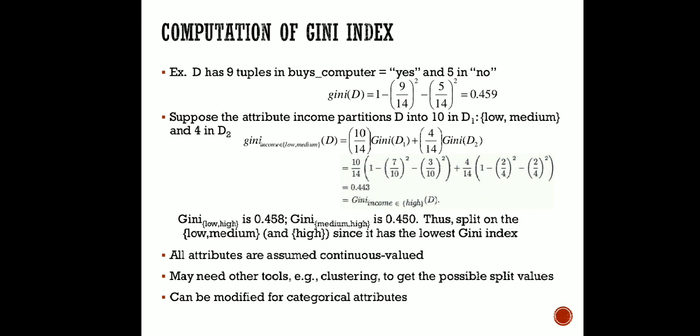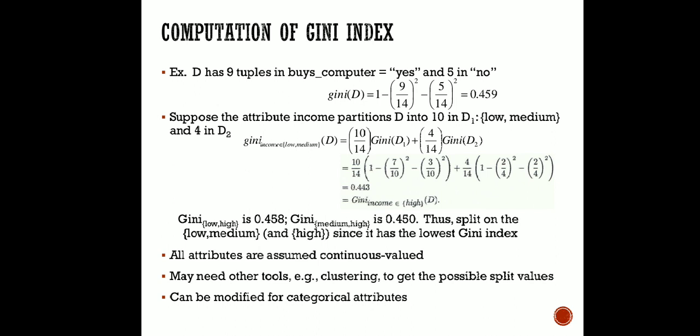Now we have to find the Gini index of a particular attribute. Whatever we saw with gain ratio, we were not grouping the values; we were just partitioning by whatever different values were there. But here we are classifying the income group into 2 different groups as per my requirement.